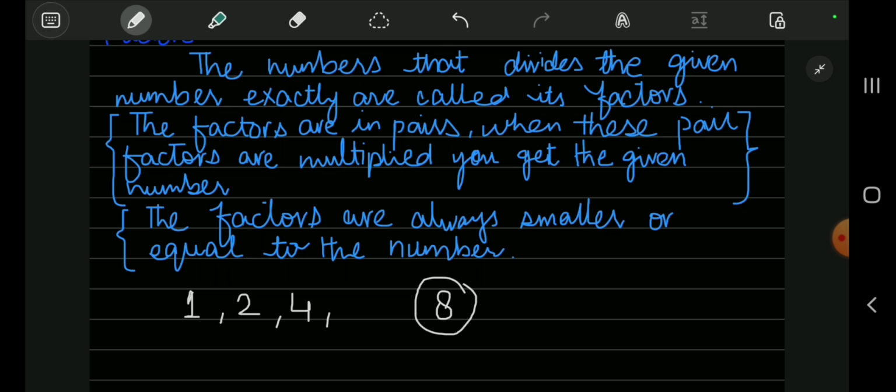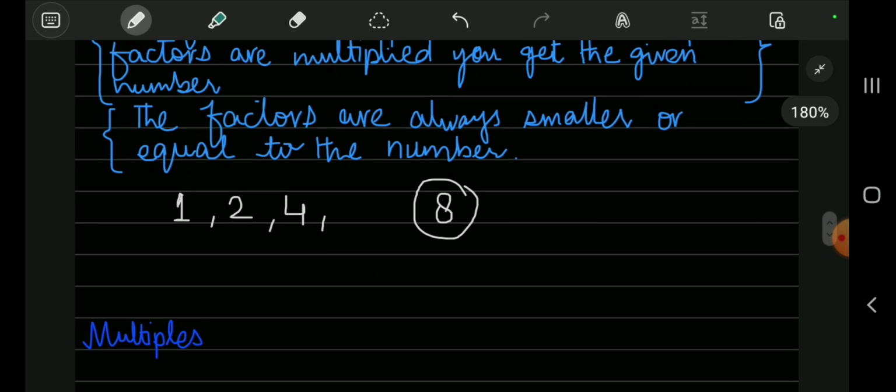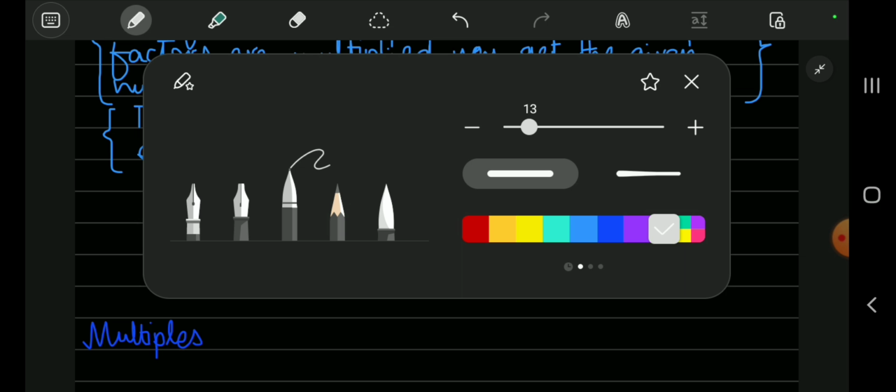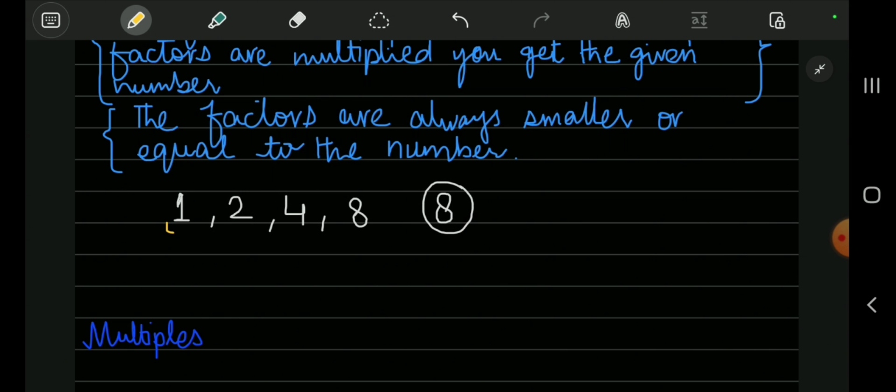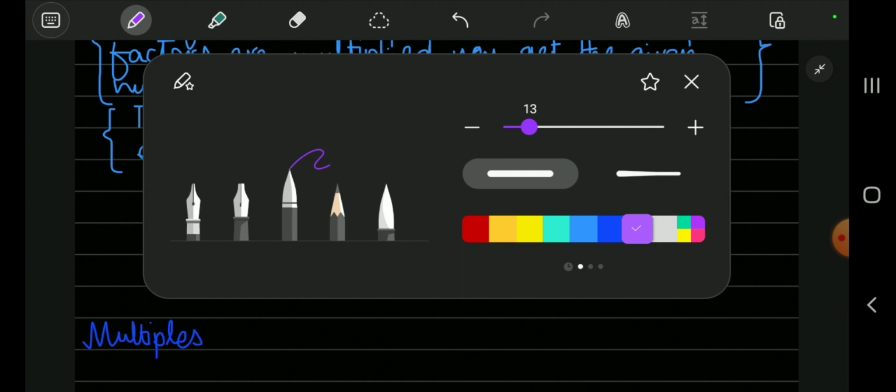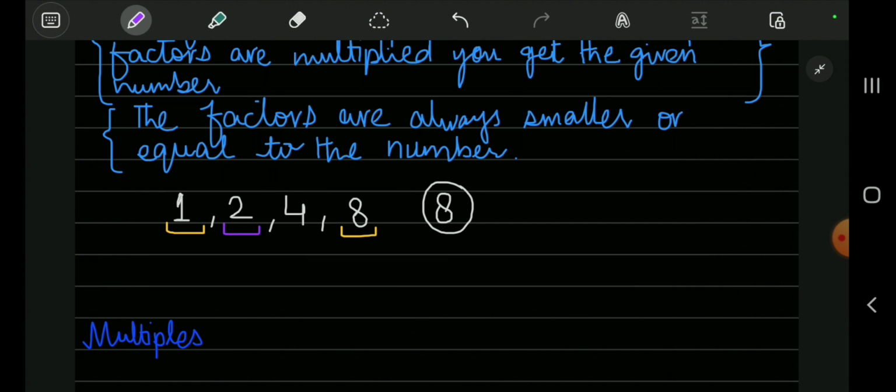I was telling you about the pair of factors. So what is the pair of factors? I'm writing 8 as separate factors. So see, this one and this one is one pair of factors, and this one and this one is one pair of factors.